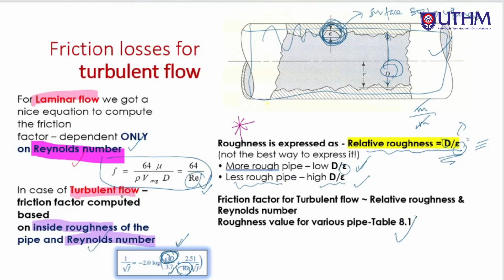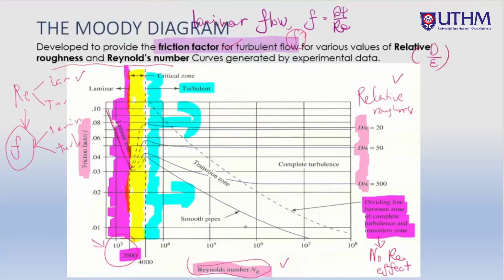Tapi kalau turbulent flow, dia kata apa tadi? Dia depend on inside roughness, in which the relative roughness lah, D over epsilon dengan Reynolds number. Kan? Kalau kita tengok belah kanan ni, dia bukan hanya bergantung pada ni, dia bergantung pada relative roughness juga. That's why dia ada contoh untuk satu material ni, line dia macam ni. Satu material ni, line dia macam ni.